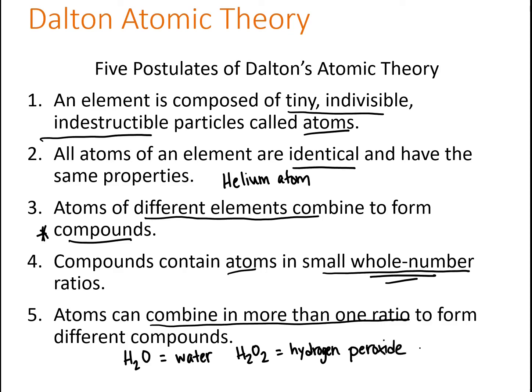Same two atoms, hydrogen and oxygen, but they have different ratios to one another. And those ratios govern what the different characteristics of the compounds are. So those are the 5 postulates of Dalton's atomic theory. And as we go through the models of the atom, you'll get to know which parts of his theory were correct and which parts were incorrect.